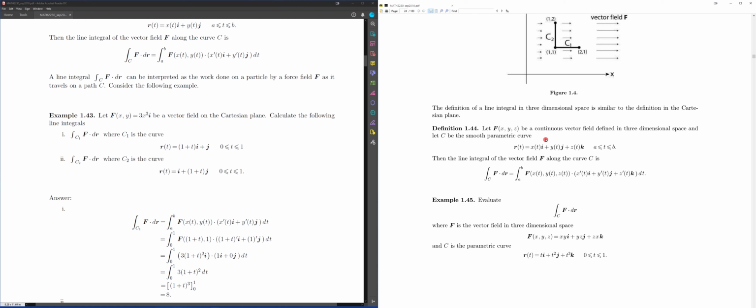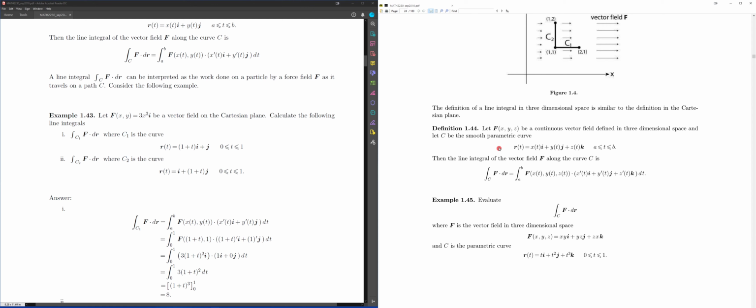That helix is a parametric curve in three-dimensional space. And we saw examples of vector fields in three-dimensional space. I'll show you an example of what a line integral would look like in three-dimensional space. But for the time being, let's look at the definition and see how we work out the problem.